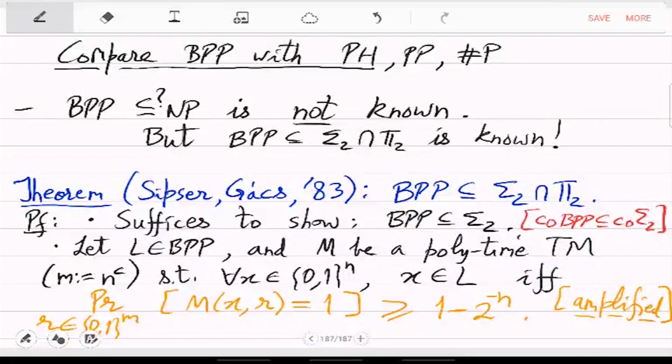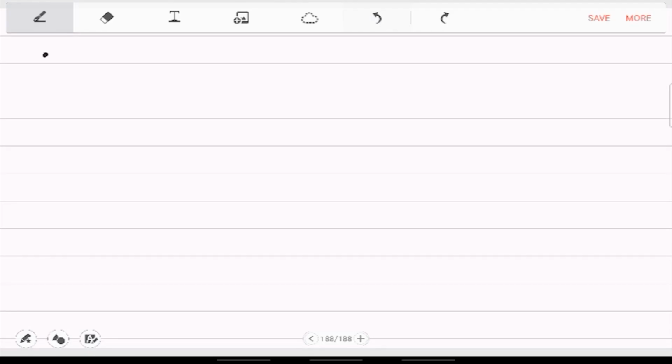How do you show that L is in sigma 2? Here the idea will be that the number of R's which make M accept is very large, and the number of R's which make it reject is few. So erroneous R's are very few. So we'll actually consider a graph on the space 0 1 to the m and do something with that. So let's consider the good R's.